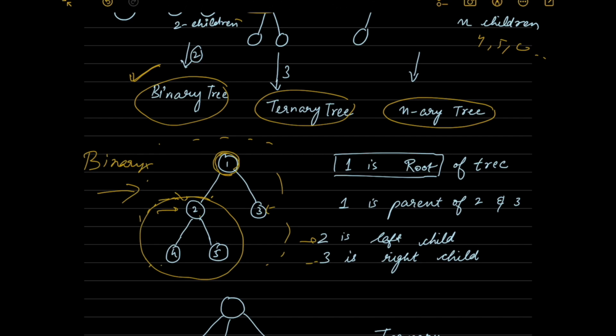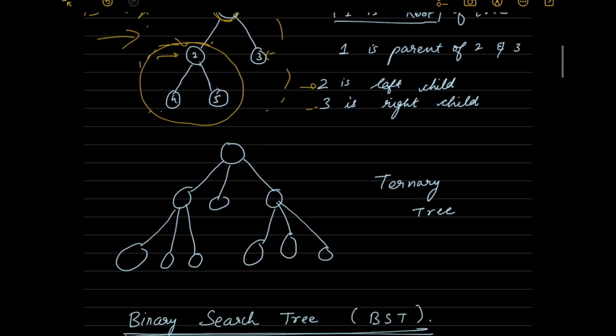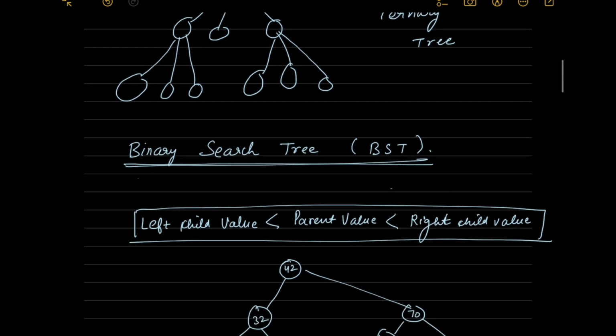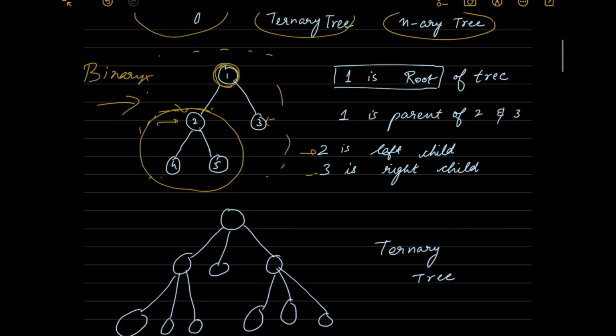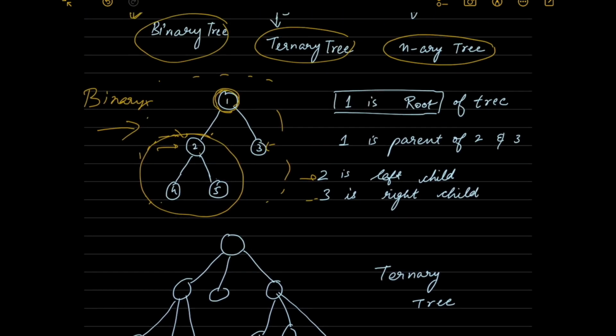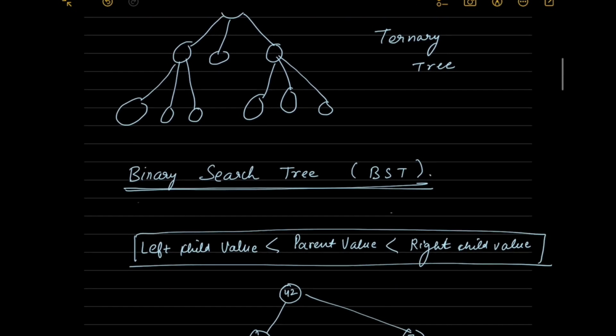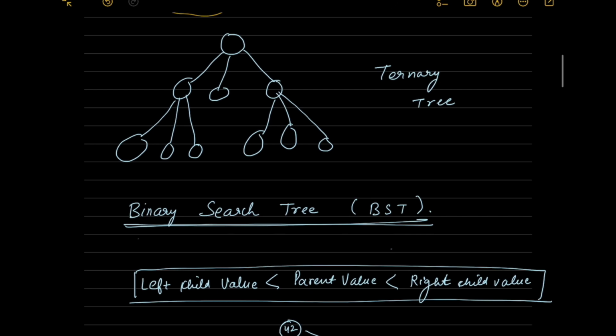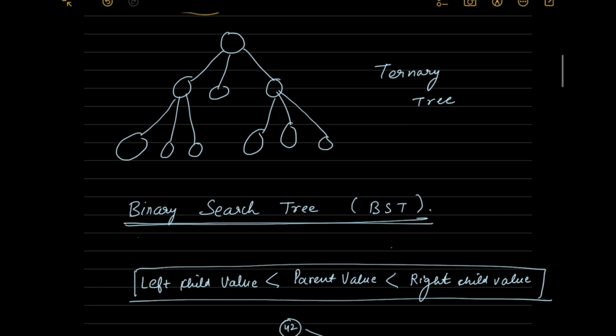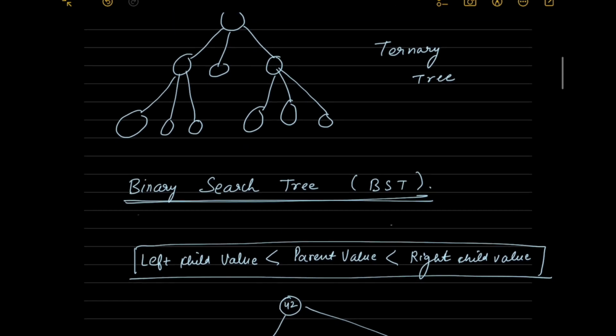Depending on different kinds of questions that we might have, this is the general way in which we represent a tree. Every node would be having a left child and a right child. In some complicated questions, we also might add a third link, which is a parent link, but it's not generally added. So a ternary tree would be one node having 3 children. So this is an example of a ternary tree.